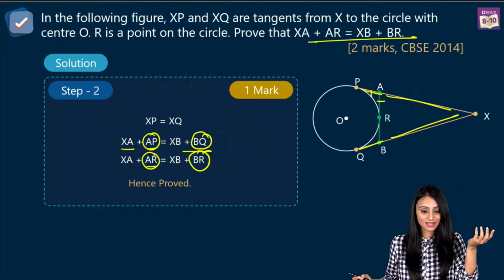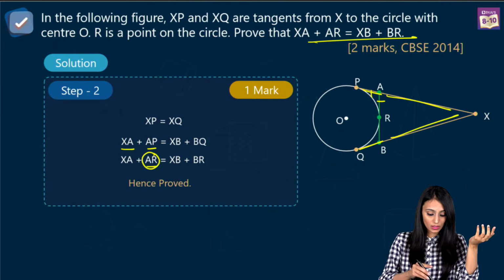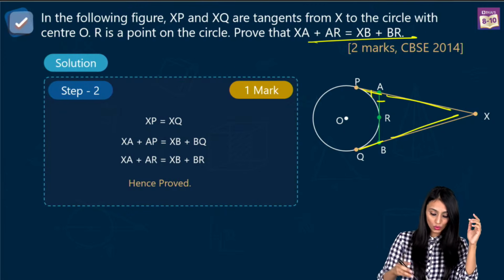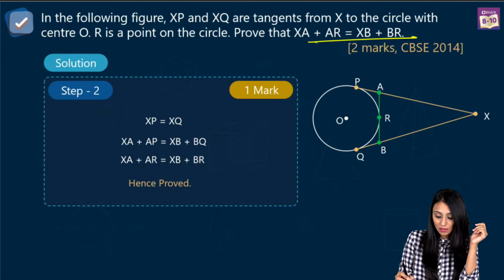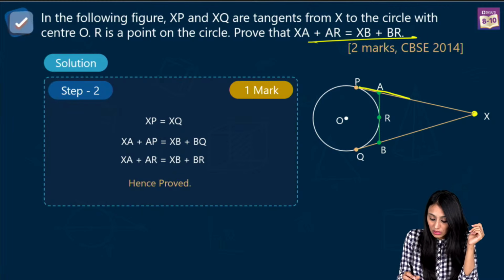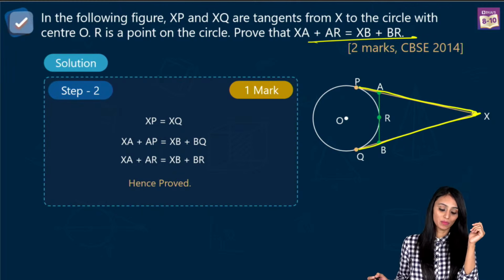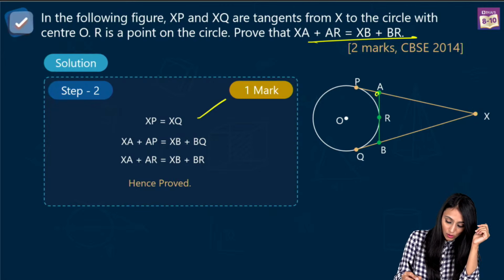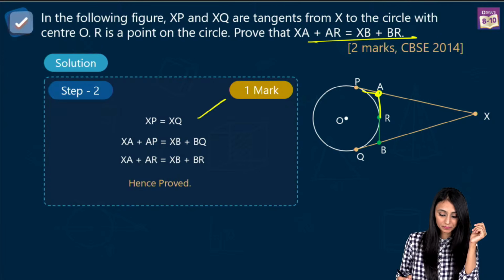Yes? Rishabh, crystal clear? Yes, Sanvi? Okay, I'm giving you a quick summary for those who could not understand. This is the external point, right? So these two tangents are going to be equal, XP, XQ, correct? And also this is an external point. So AP and AR are equal, right?